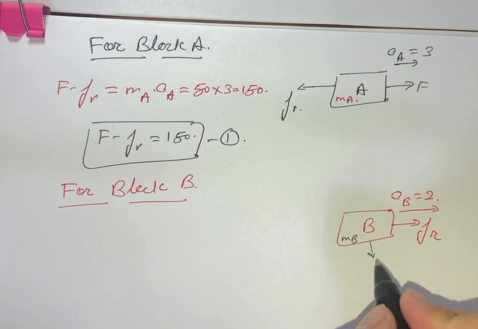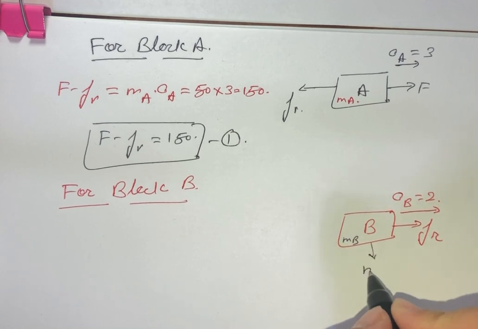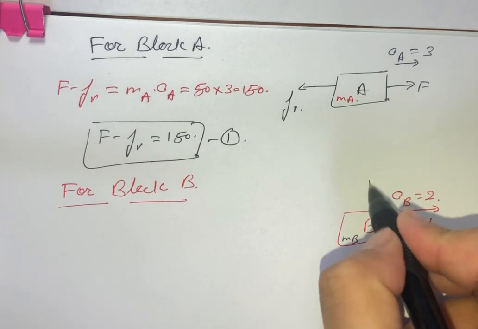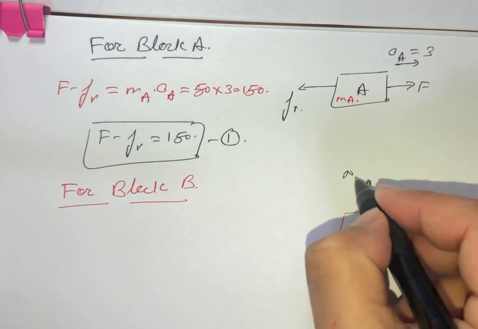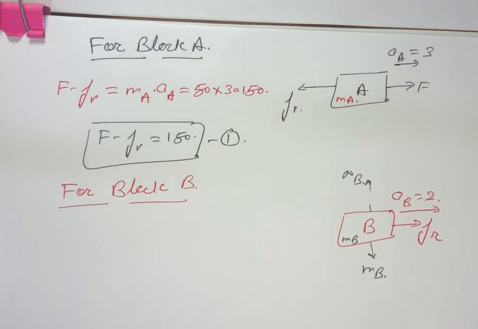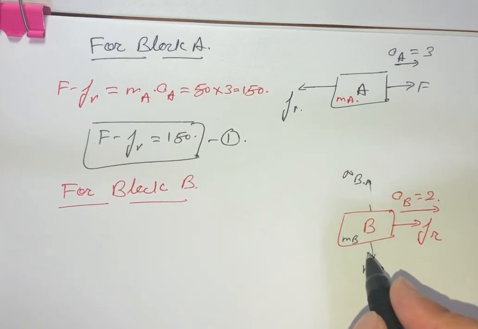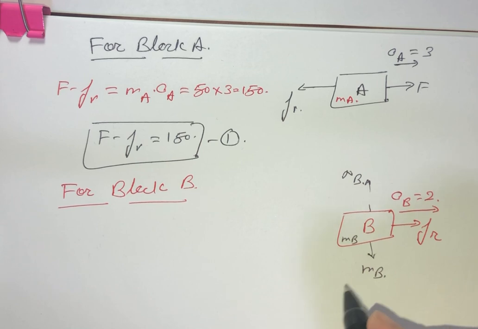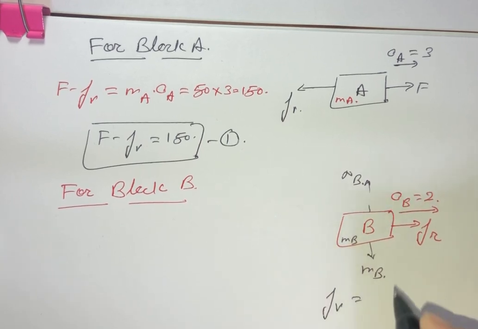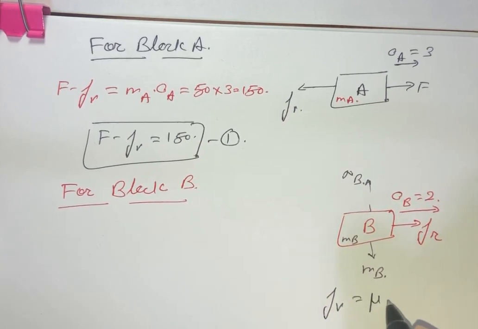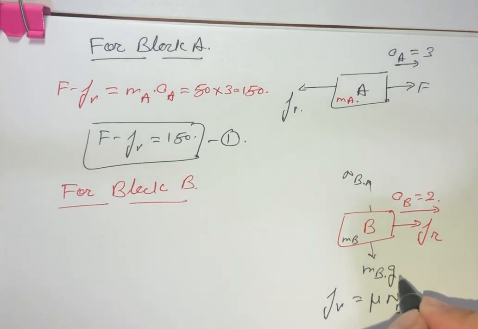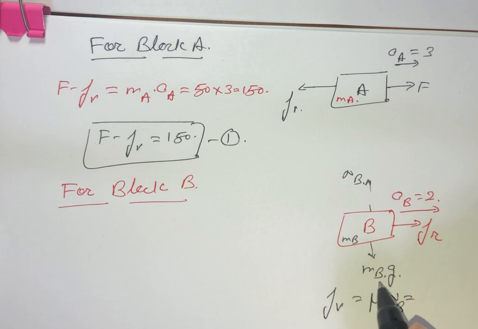So in the downward direction, we are going to have MB g, and let us call that normal NB. The coefficient of friction is mu, so Fr is equal to mu times NB, and NB is equal to MB into g.